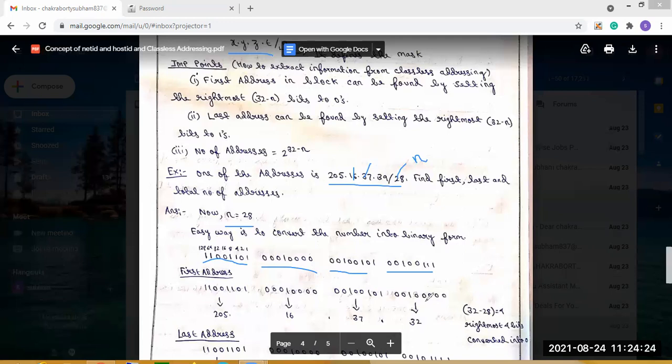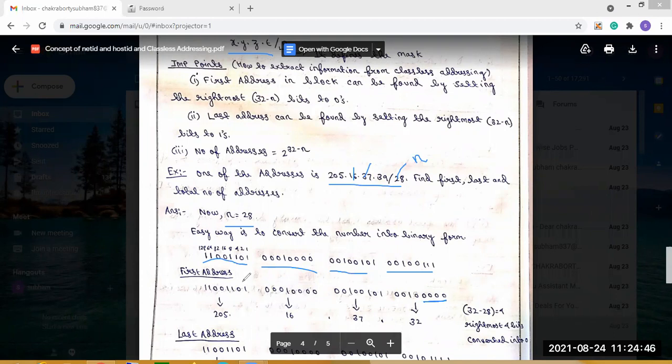So here you see, this rightmost 4 bits, we converted into zeros. So using this, we will find the first address.